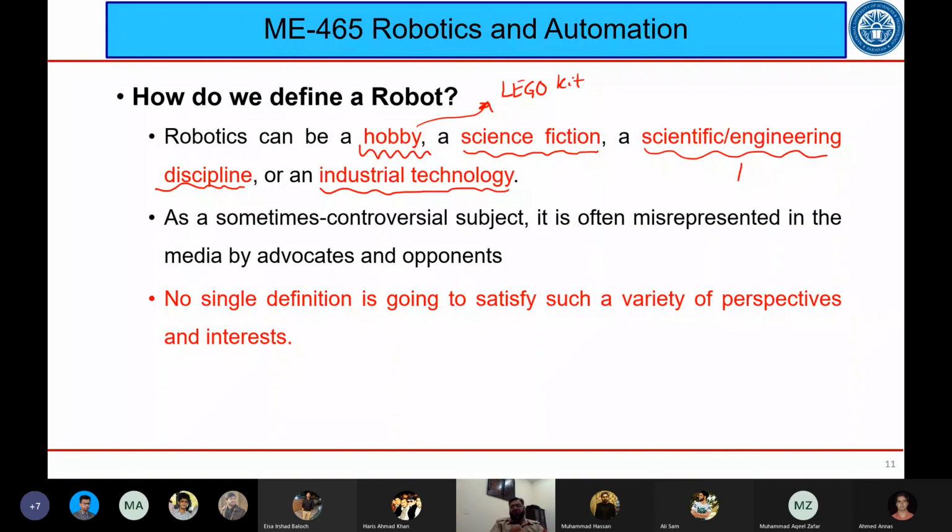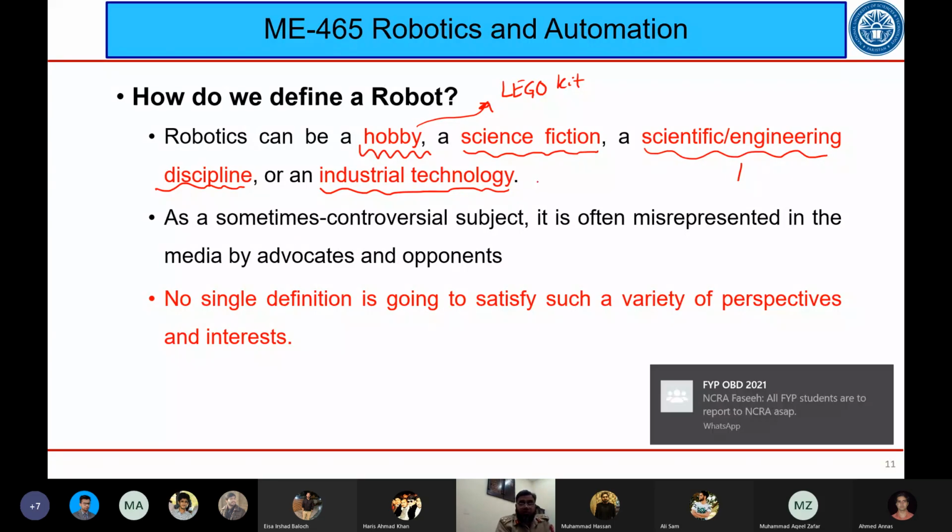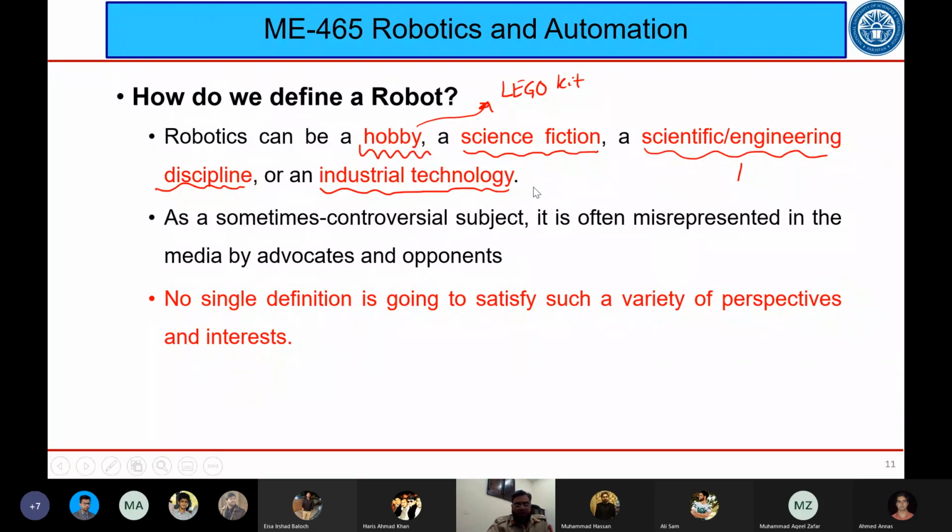As engineers, we look at robots as a technology which can be used in industry. And the robots we will talk about during this course are from this domain.